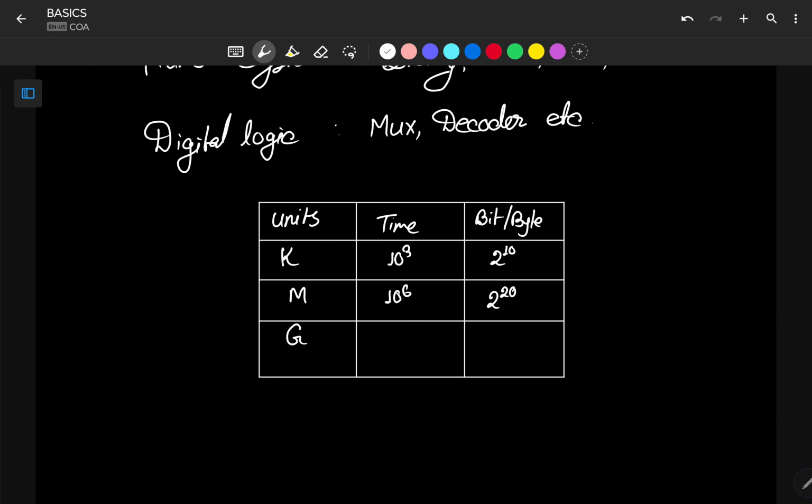Then is giga, 10 to the power 9, and in bit 2 to the power 30. Then comes Tera, which is represented as T, 10 to the power 12 in time, and in bit 2 to the power 40.